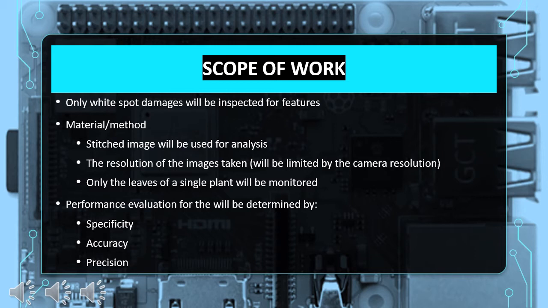The resolution of the image taken will depend upon the camera resolution. And only the leaf of a single plant will be monitored. Performance evaluation will be determined by first specificity, second accuracy, third precision.